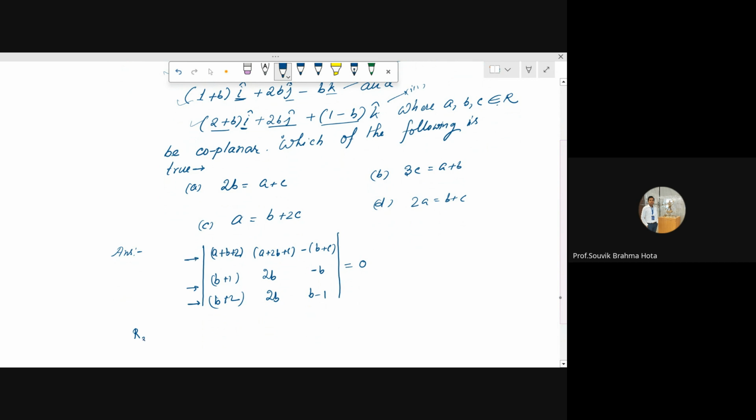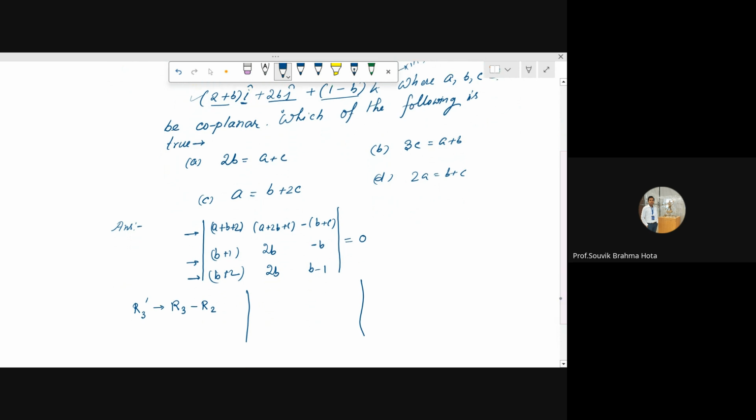So row 3 should be changed: subtract row 2 from row 3, R3 minus R2. Keep row 1 as it is, row 2 also as it is. Row 3 is row 3 minus row 2.